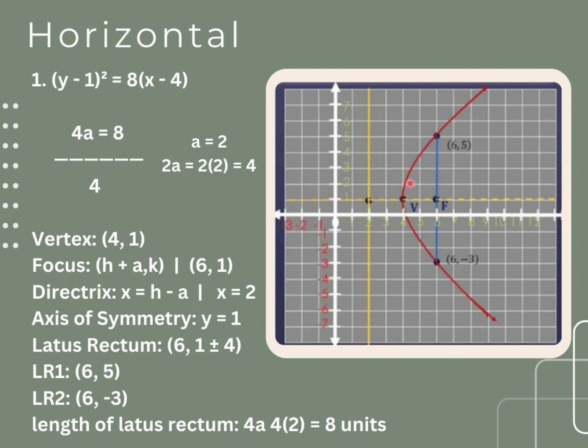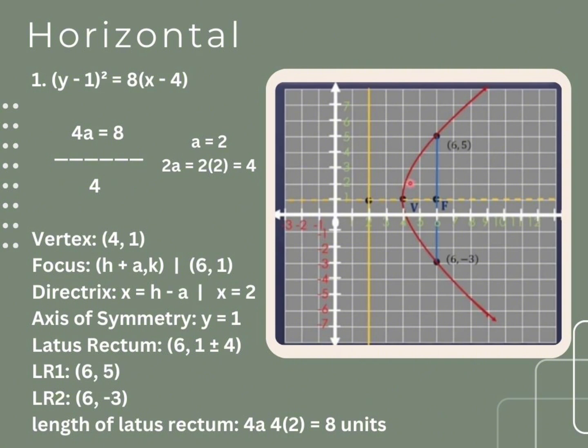Comparing, we see h is equal to 4 and k is equal to 1, so the vertex (h, k) is (4, 1). Also, 4a is equal to 8. Solving for a gives us a is equal to 2. Since the coefficient of (x minus 4) is positive, this parabola opens to the right.